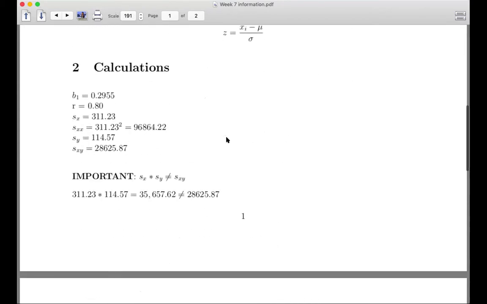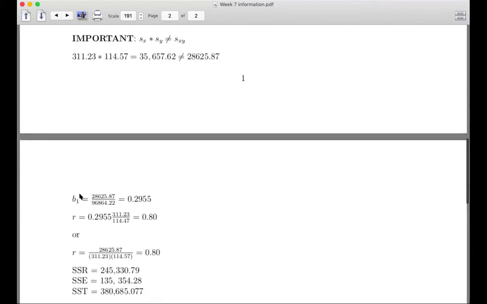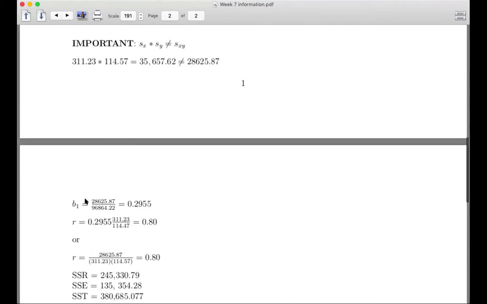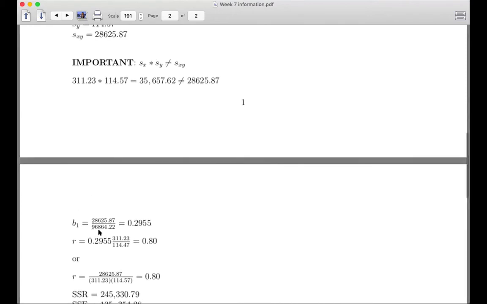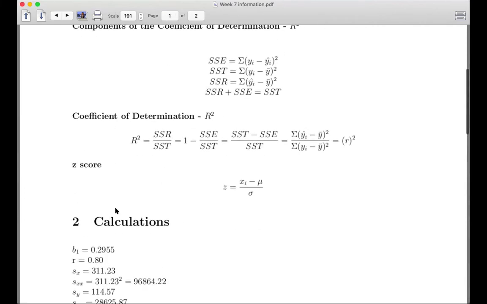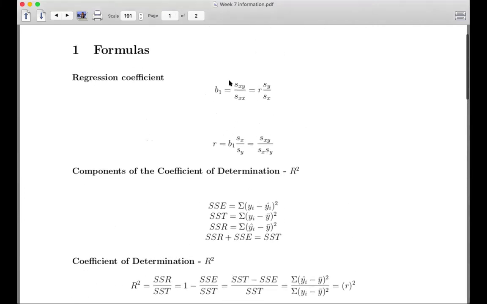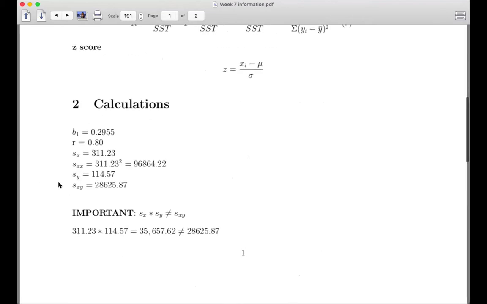So here what I've done is B1 is equal to SXY over SXX. This one here uses this formula right here. Essentially, 28,000 divided by 96,000.